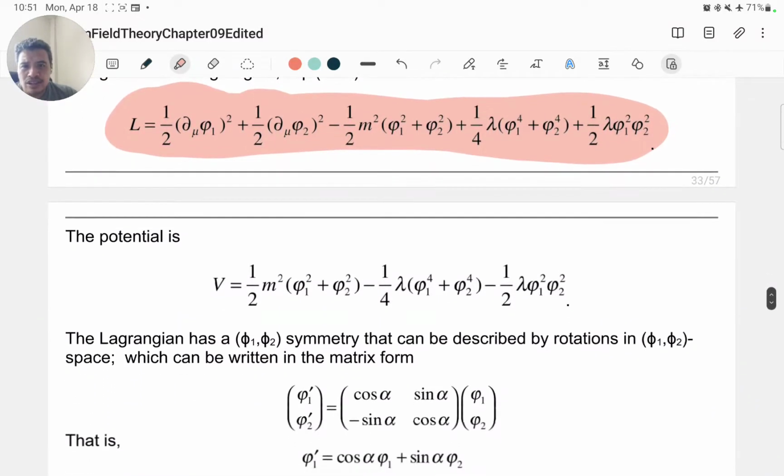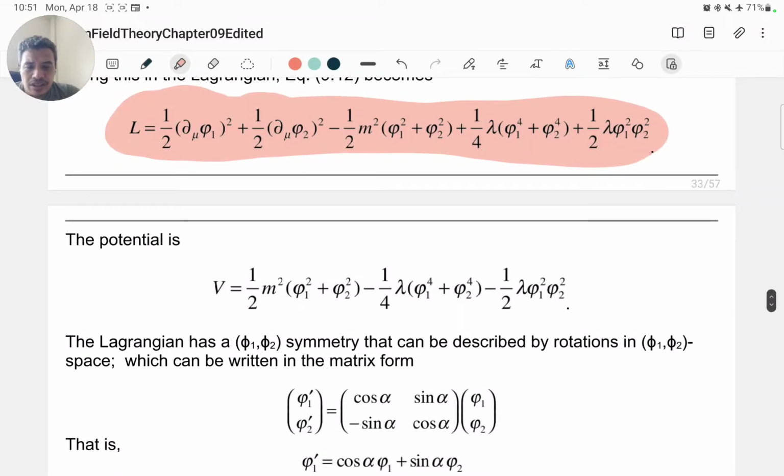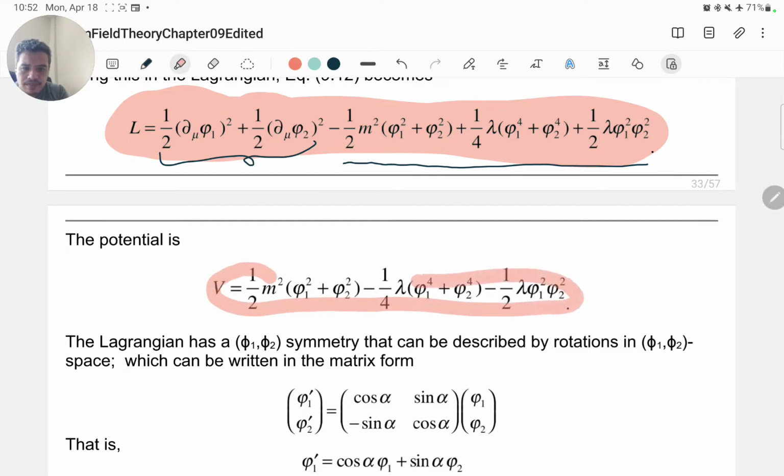So if you look at the Lagrangian as well, you can see that the potential is given by this one. Since this is the kinetic term, your potential would have to be given by this term, which is just this one here.